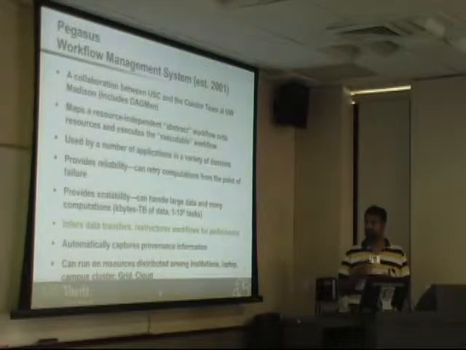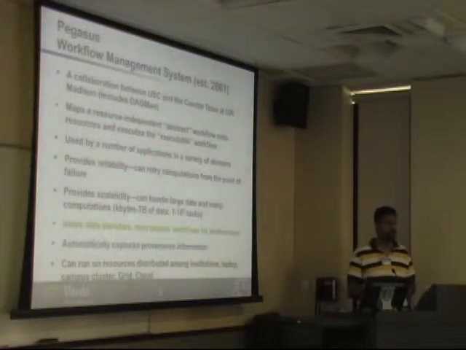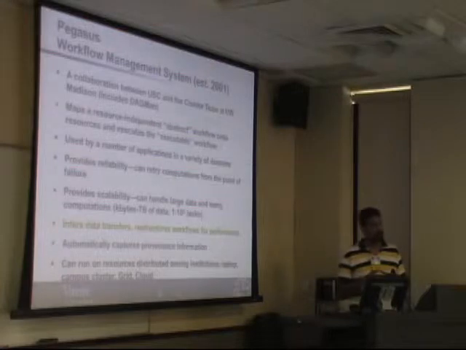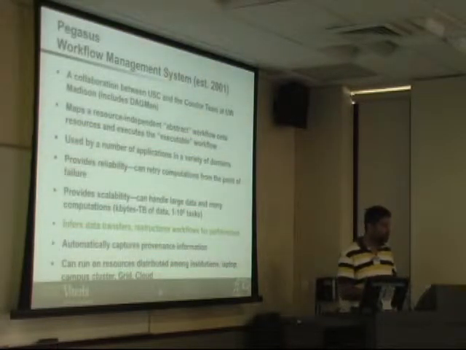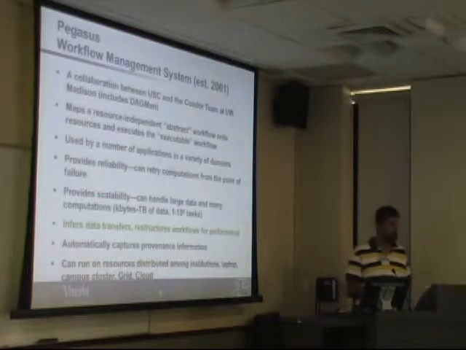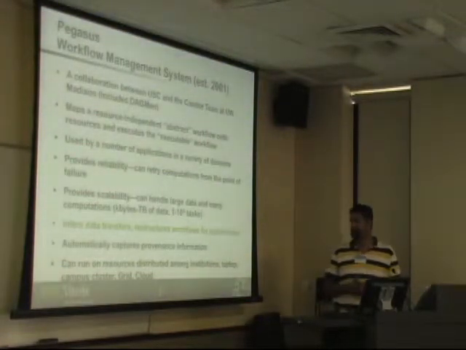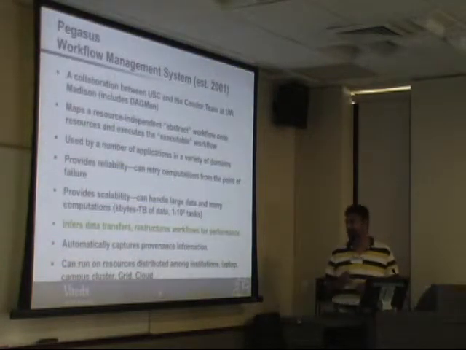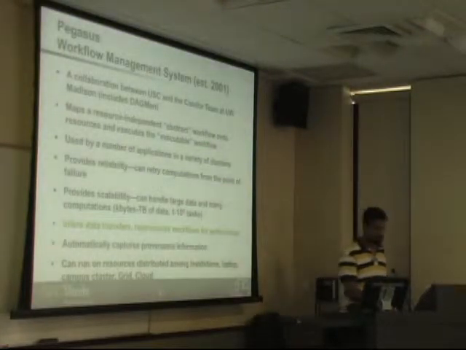What Pegasus really does well is it automatically infers what data needs to be transferred and where it needs to be transferred. It restructures the workflow for performance. And it also captures a lot of provenance information, which allows you to debug your workflows or figure out what went wrong. And you can use that to run it on a variety of distributed infrastructure like your desktop, campus cluster, grids, or clouds.